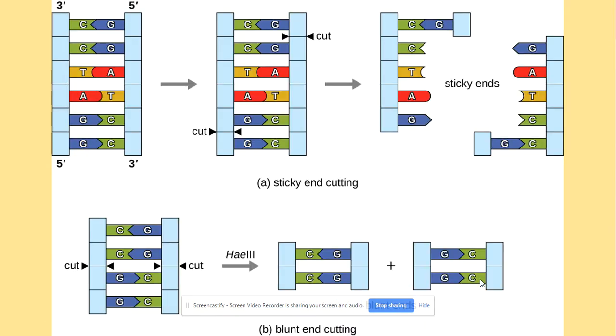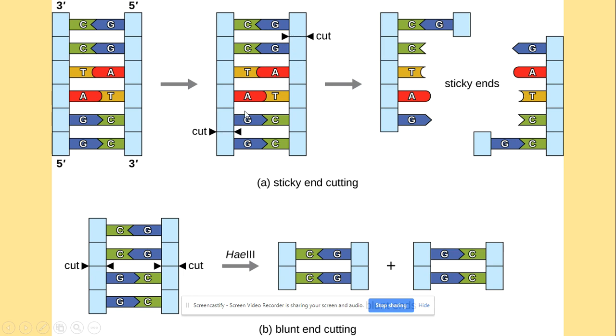So have a look at the difference between blunt and sticky ends. So those are our blunt ends, so leaving the portions of DNA straight, and sticky ends, which we're cutting at the palindromic sequence.